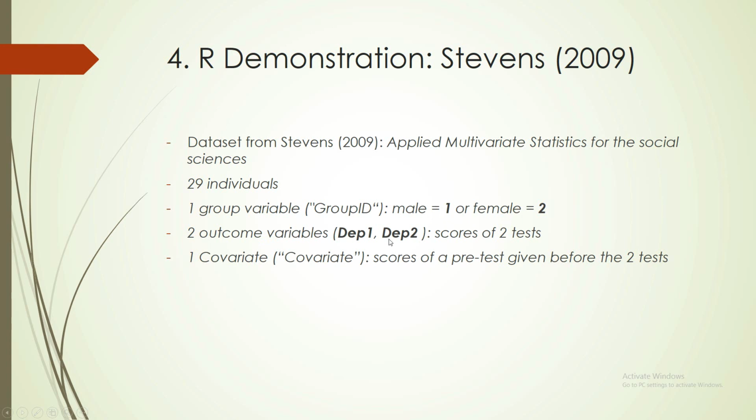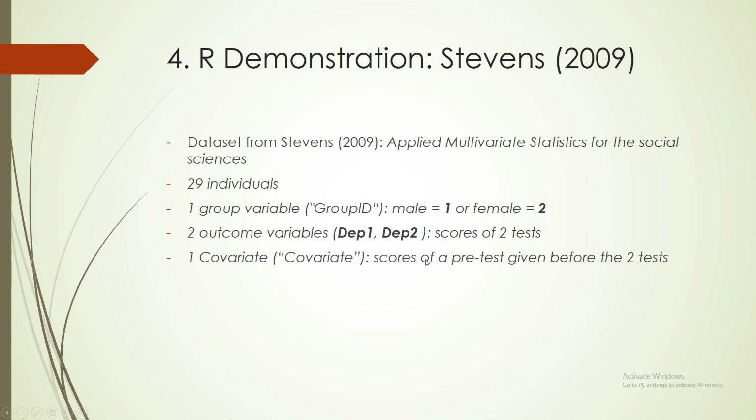And the outcome variables, this is a MANCOVA demonstration, so we have more than one outcome variable. These are the two dependents, and they are the scores on two tests that were taken by these 29 individuals. And we have one covariate, which is just written as covariate in my demonstration. These are just the variable names that I've used for my own demonstration, okay? This variable is the score of a previous test that was given before these two tests.